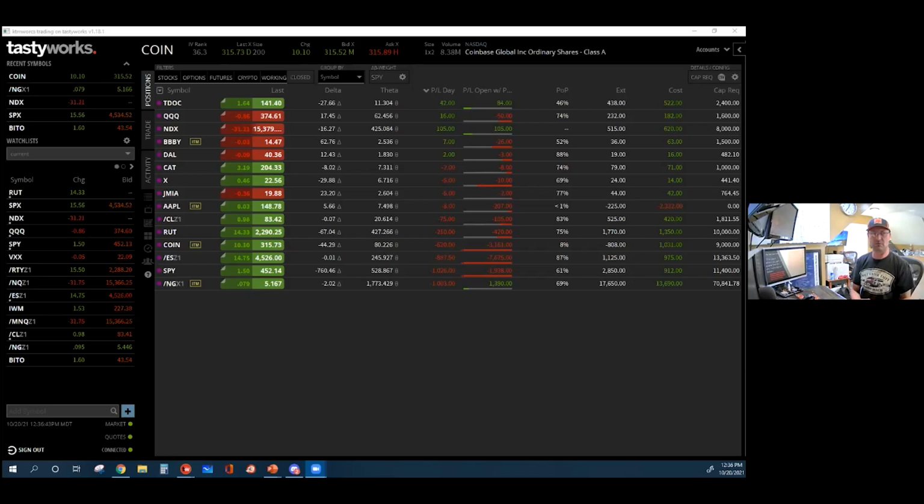If we feel like we need to do a roll, we'll do that. Obviously, if we could get it into any semblance of a profit, I don't think it would even matter what the capture rate is. If we could get it into the green, we would book that profit. So that's where we're at in the Russell trade right now.